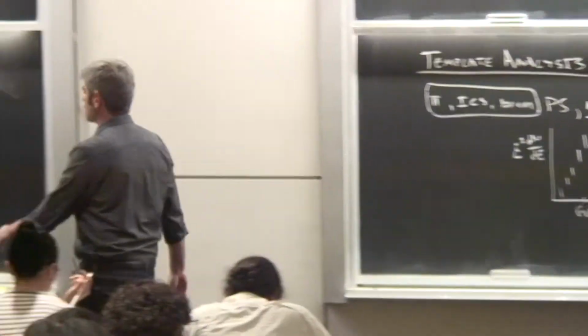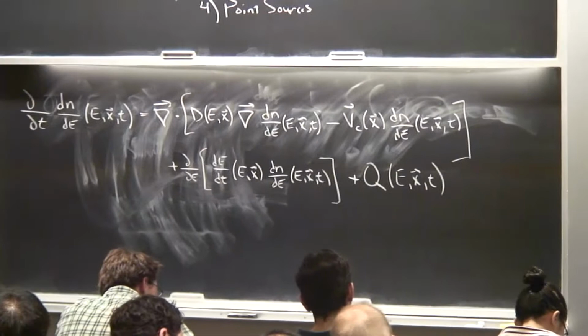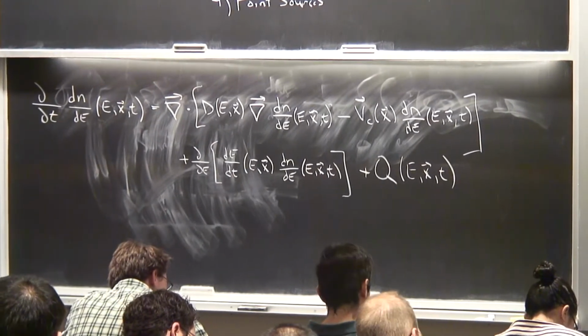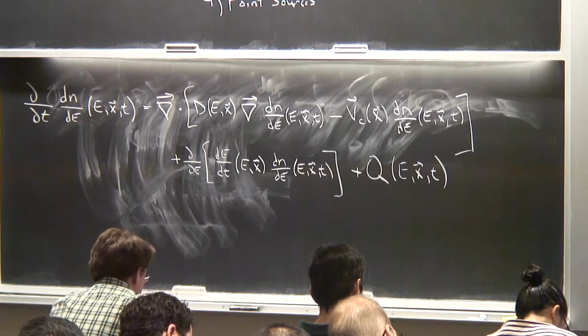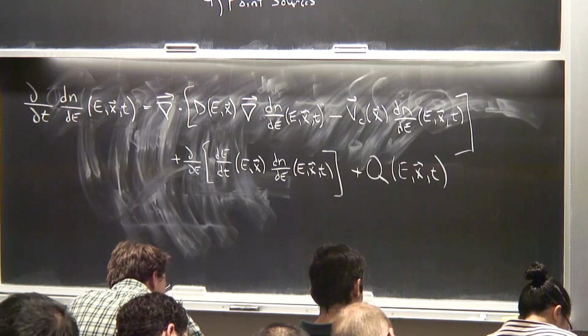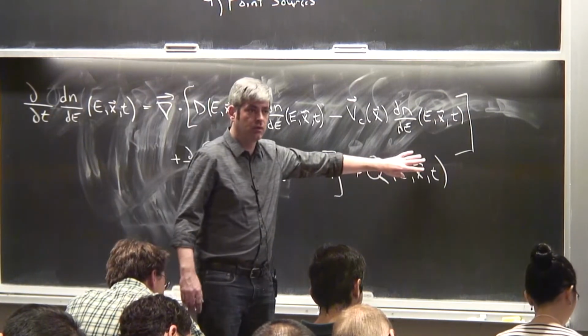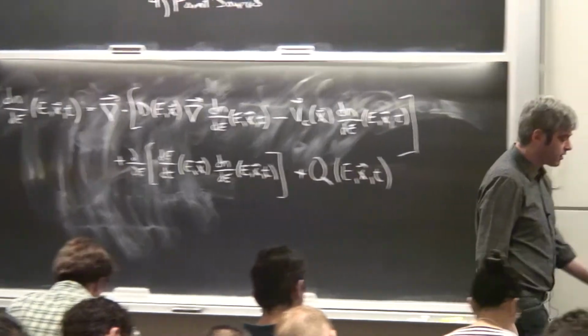And then lastly is the source term. This describes the spatial distribution and spectrum and time profile at which cosmic rays are injected. If I'm talking about the source term from dark matter annihilations, this will look like NFW squared, for example, with the spectrum given by dark matter annihilation products.